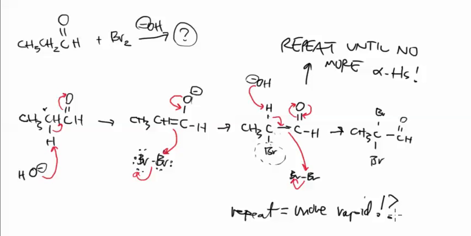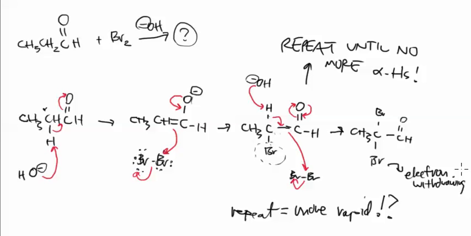And that is, yes, because the halogen, the bromo or the chloro that goes onto these molecules, they are electron withdrawing. So if I look at this bromo group, we are going to call this electron withdrawing, right? It is electronegative, so it's an electron sucker. And that increases the acidity of the remaining alpha hydrogens.